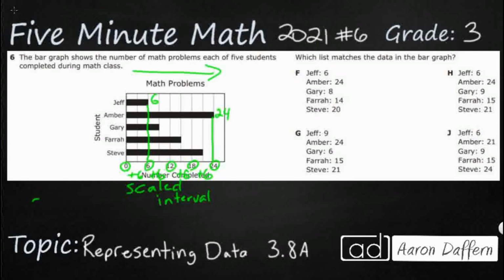So let's put it on a number line, right? So let's look at 0 to 6. What we're looking for is this number right here, which is halfway in between. So what is halfway in between 0 and 6?